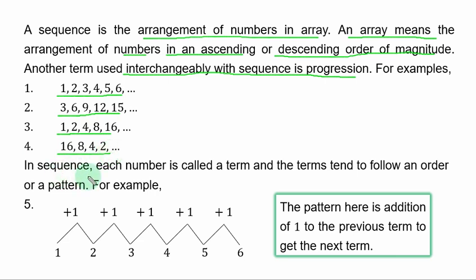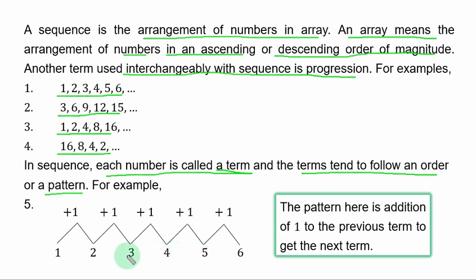In sequence, each number is called a term, and the terms tend to follow an order or a pattern. For example, let us get the pattern for this sequence 1, 2, 3, 4, 5, 6.